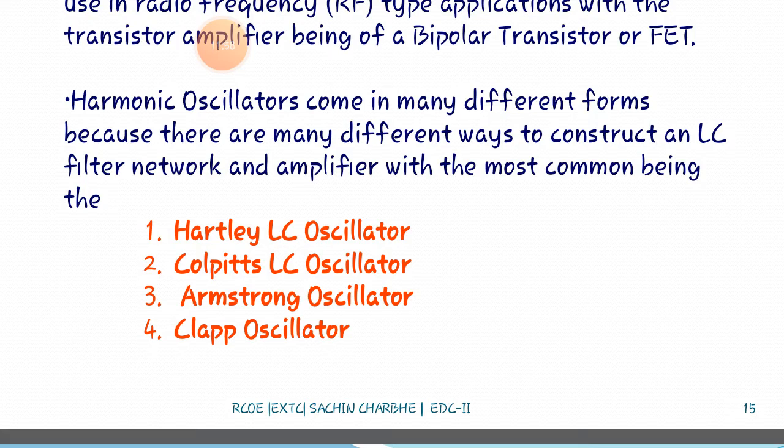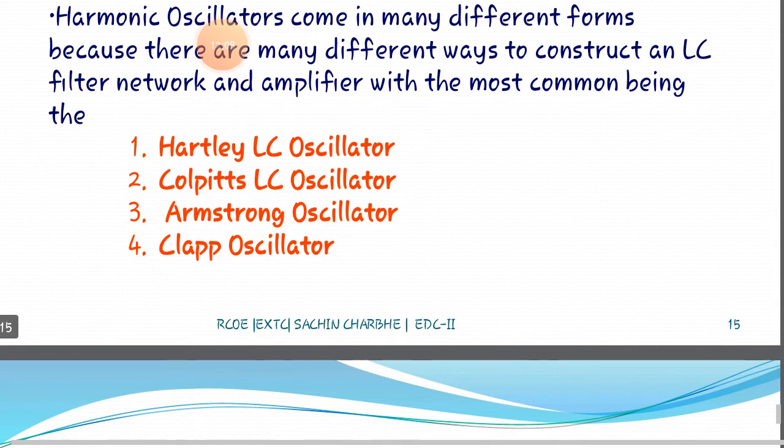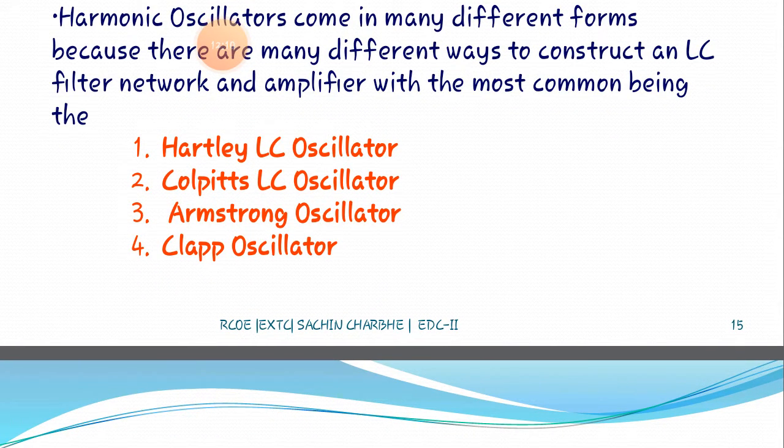Harmonic oscillators come in many different forms, because there are many different ways to construct an LC filter network and amplifier. Using this, there are types of oscillators: first is the Hartley LC oscillator, then the Colpitts LC oscillator, then the Armstrong oscillator, and fourth is the Clapp oscillator.